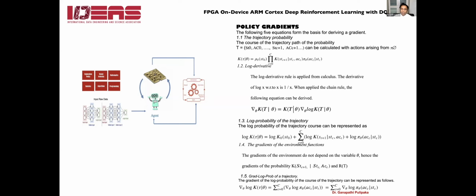Once we define the trajectory probability, we're going to define the log probability for it, and the log probability can be computed as follows. Then we're going to take the states and actions, define the gradients of the environment functions, and then define the gradients of the probability. Once we do that, we're going to define the gradient log probability of a trajectory based on this equation.